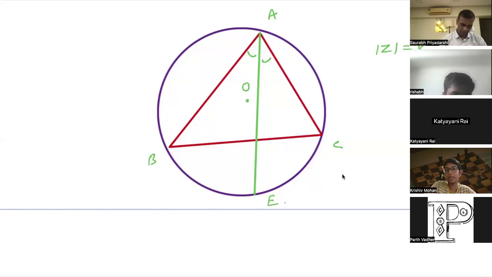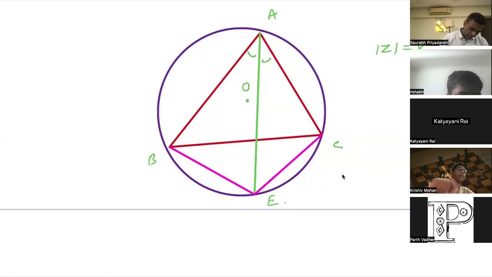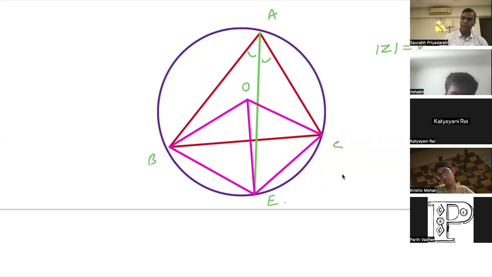So I reflected O about BC to get E. See, I'm giving you a very simple formation on this. Can I join this? Something like this. This angle is A by 2. So what about this angle?